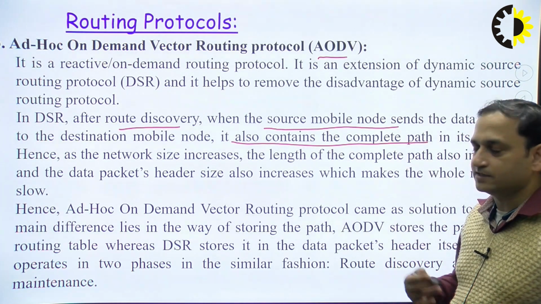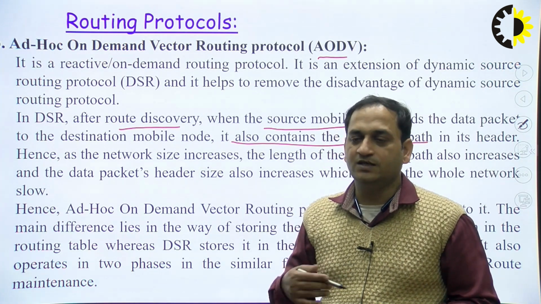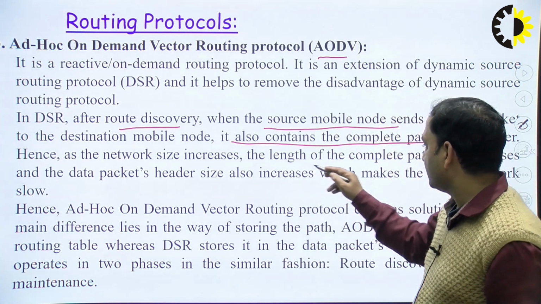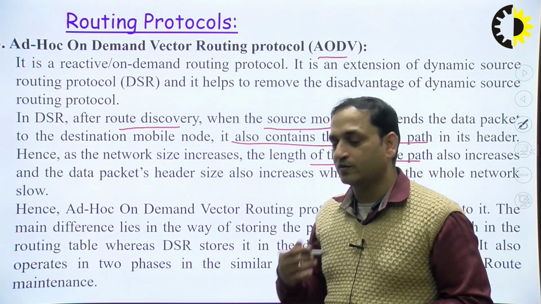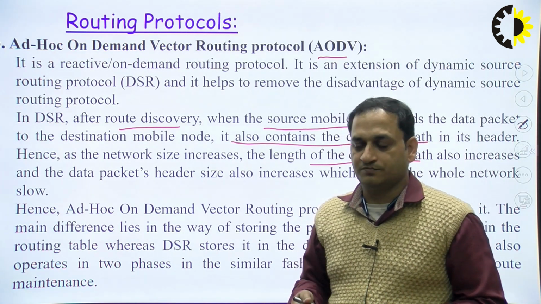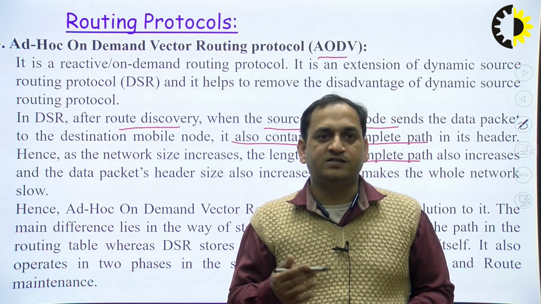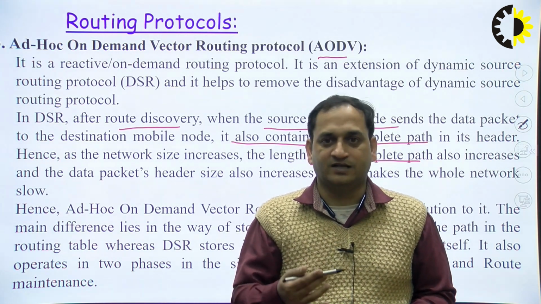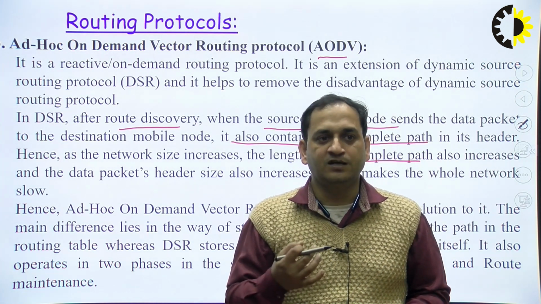So for a large network, the header size will increase, the length of the complete path also increases, and the overhead increases. If the overhead is large, the bandwidth used will be large, right? So efficient utilization of the bandwidth will not be there.